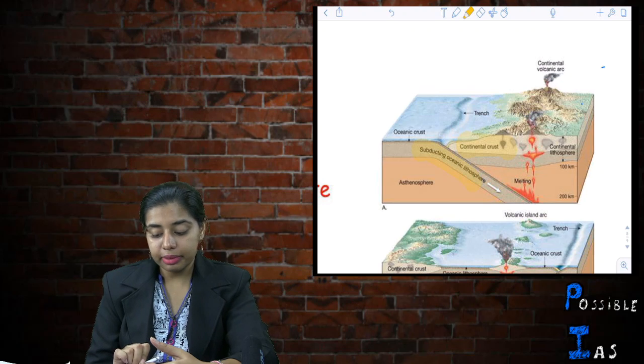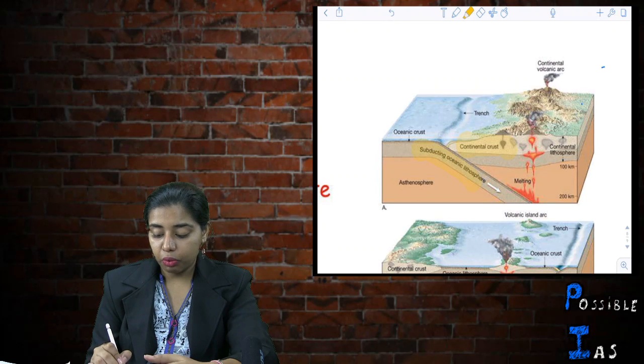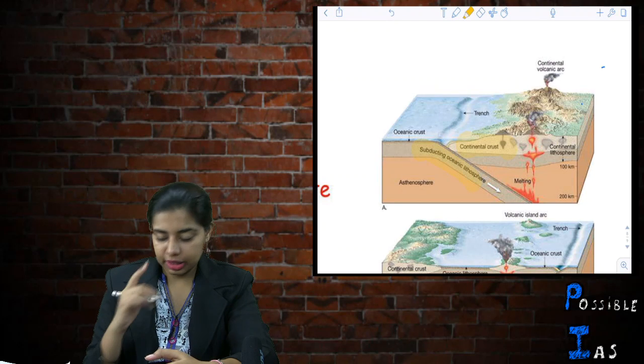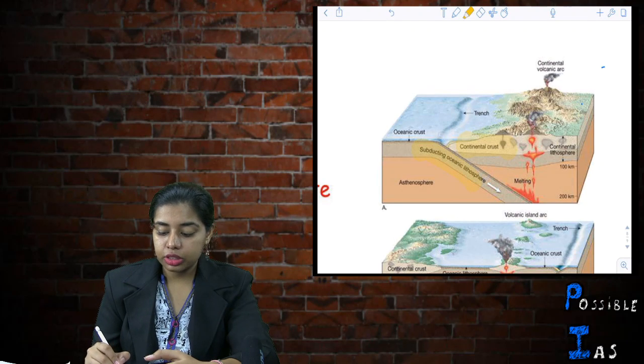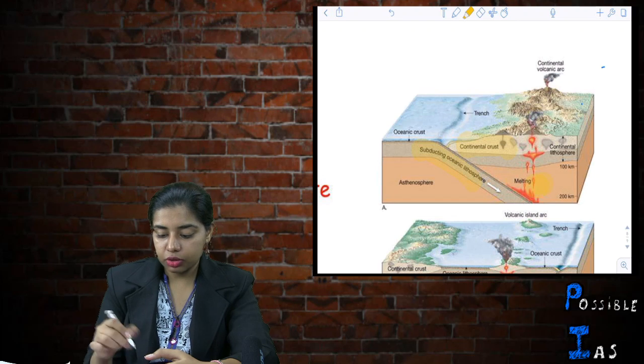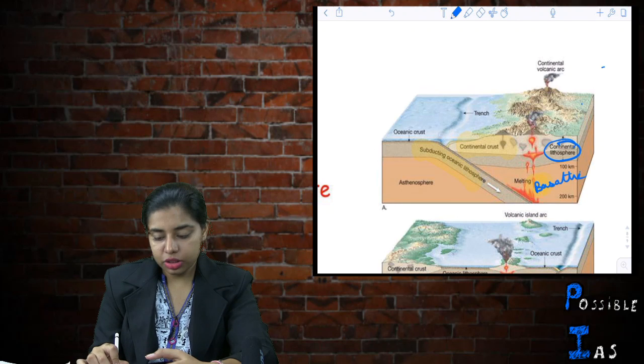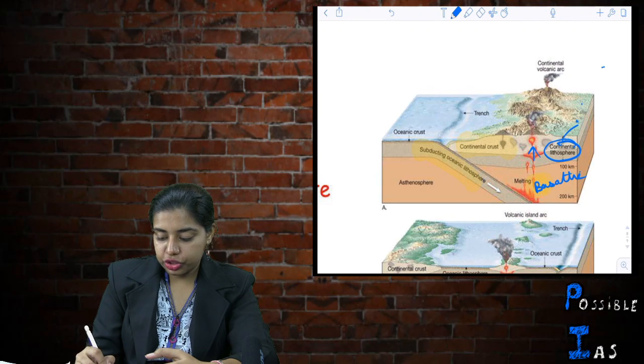And it goes into the asthenosphere. In the asthenosphere, water is released from the oceanic crust, and there is high temperature, so melting occurs. Now this molten material is buoyant, so it moves up. Initially its composition is basaltic, and as it moves up, it mixes with the continental lithosphere, and then its composition changes to andesitic.